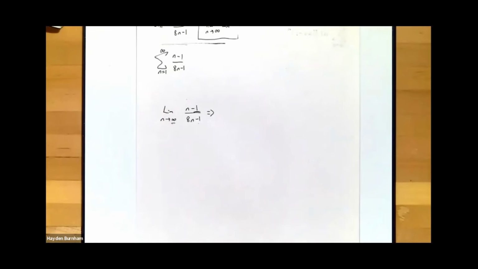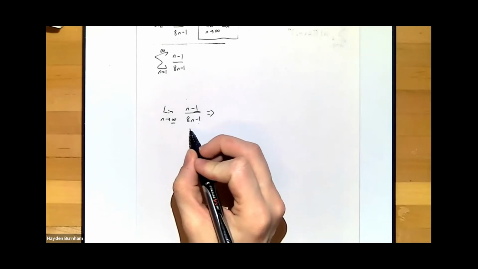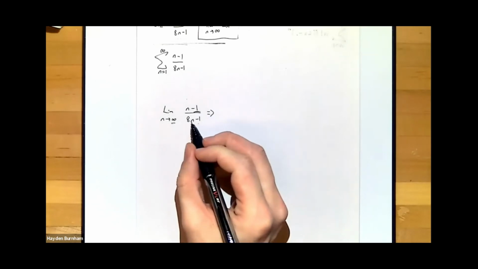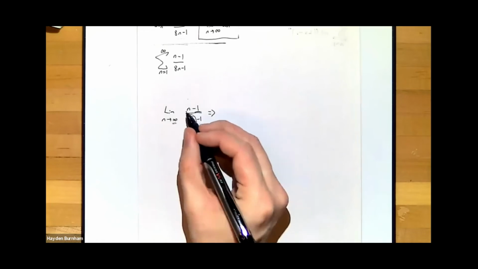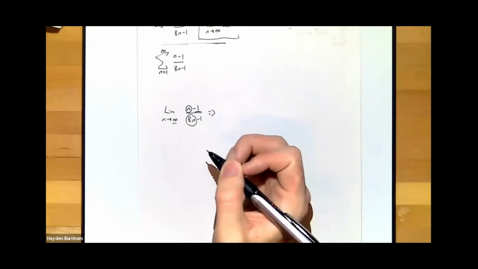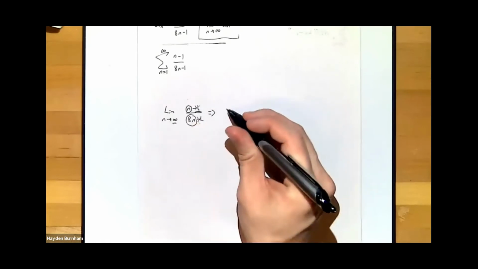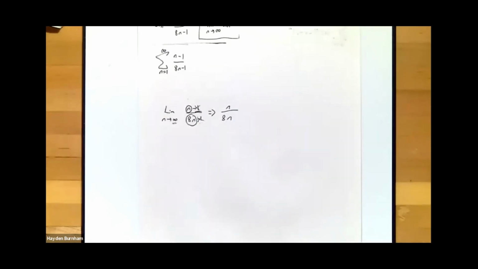It's going to be such a tiny difference that the bigger and bigger n becomes, it becomes basically non-existent. So usually the trick is if you're taking the limit as something goes to infinity and you have a numerator and a denominator, you can just take the part that has the highest power and drop everything else. So that would be n over 8n.